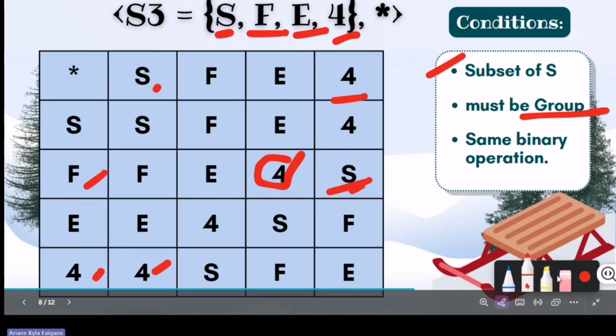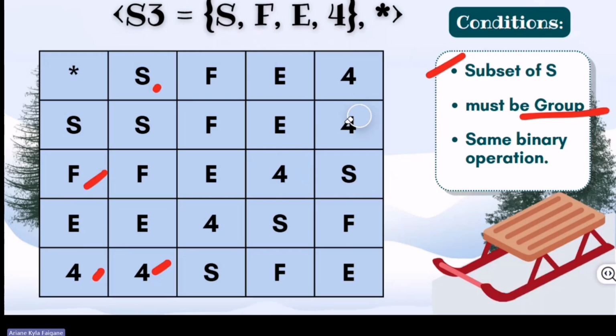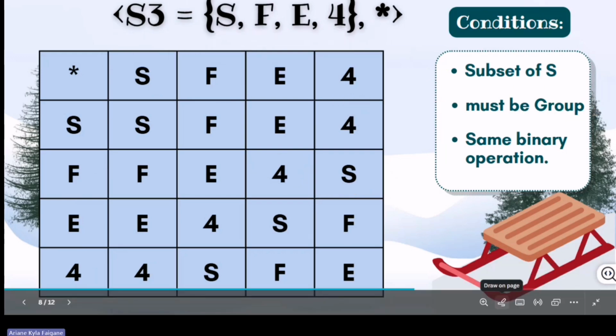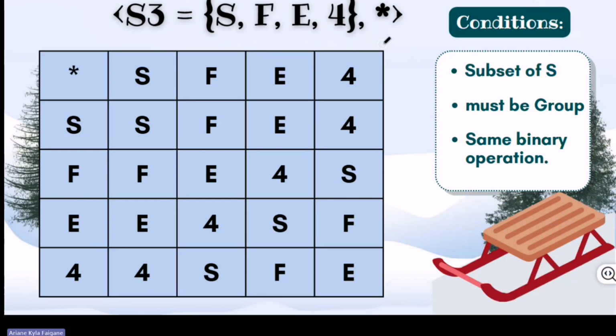Now, we need to prove the associativity. To prove associativity, we use the general formula, which is (A star B) star C is equal to A star (B star C). So in this subgroup, we will operate (S star F) star E. It must be equal to S star (F star E).